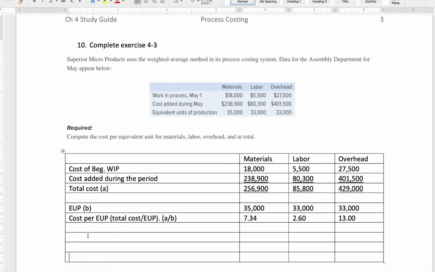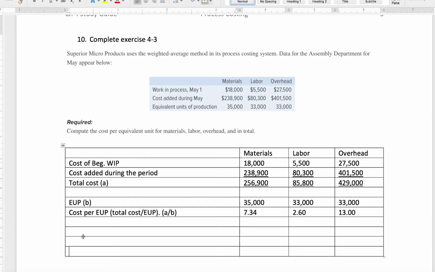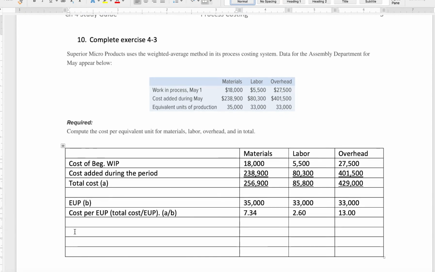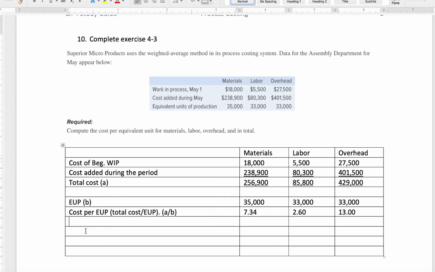Okay, so now we're going to figure out what's the total cost per equivalent unit. So I'm going to come here and say total cost per equivalent unit. Well, that's easy. The cost per equivalent unit with respect to material is $7.34. The cost per equivalent unit with respect to labor is $2.60.